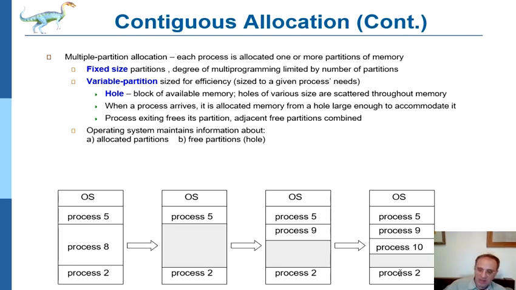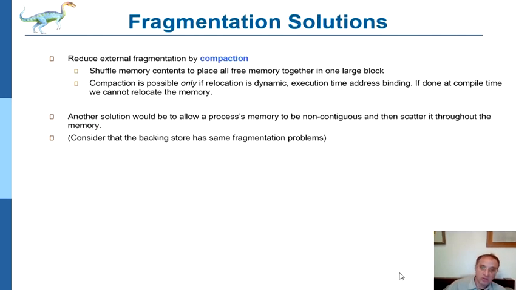The problem with compaction, which you should think about, is that it requires a lot of time. I've got to copy everything. I've got to copy all the memory to new locations. Also, it's only possible if address binding is not done at compile time or linking time.